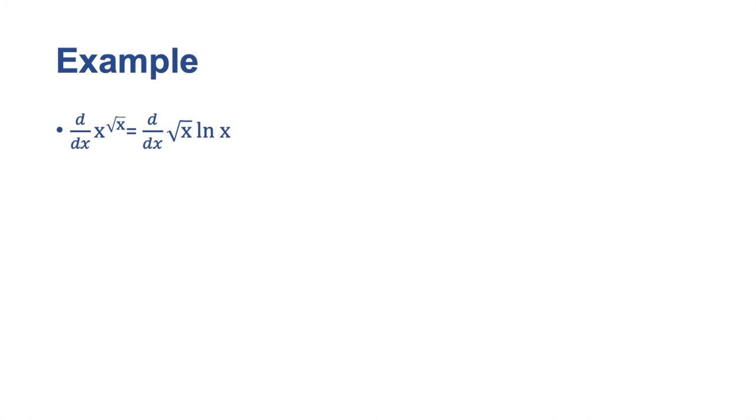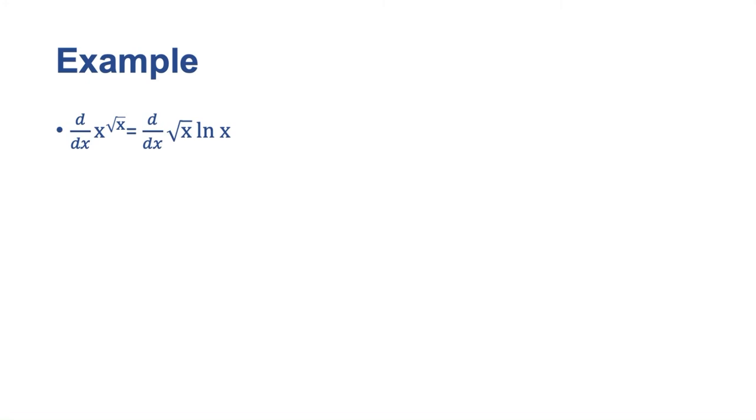So we are going to take the derivative of x to the root x. And we can rewrite this with some logarithmic maneuvering to get the derivative of the square root of x times the natural logarithm of x.